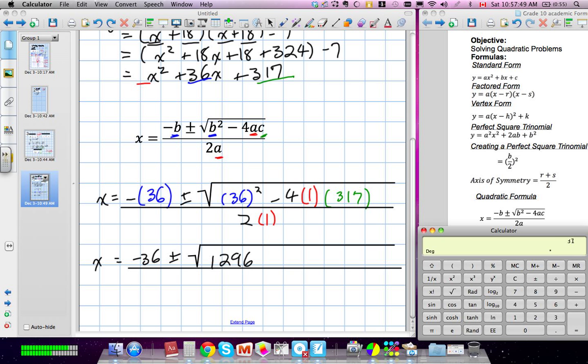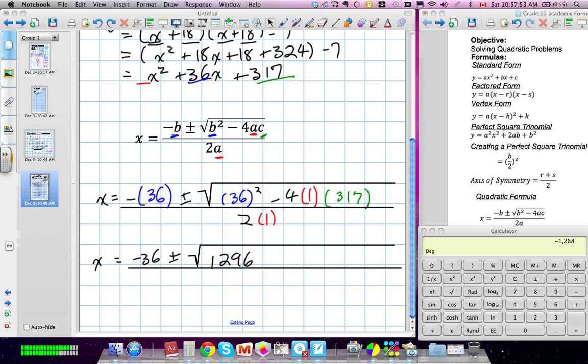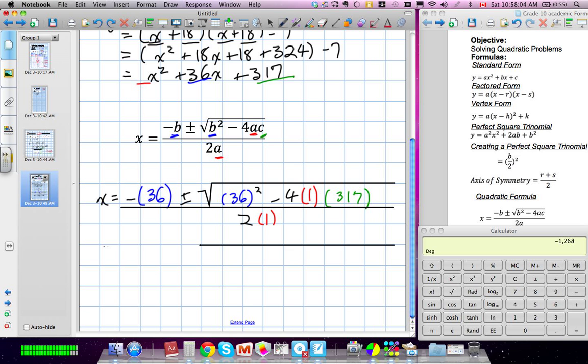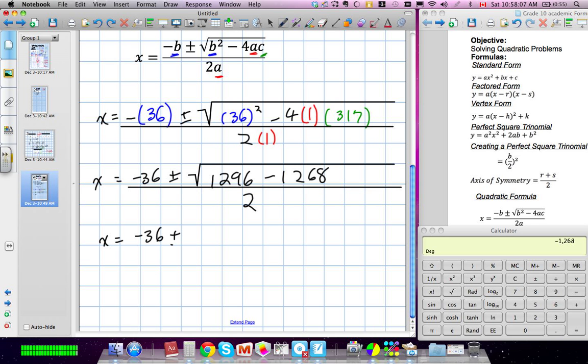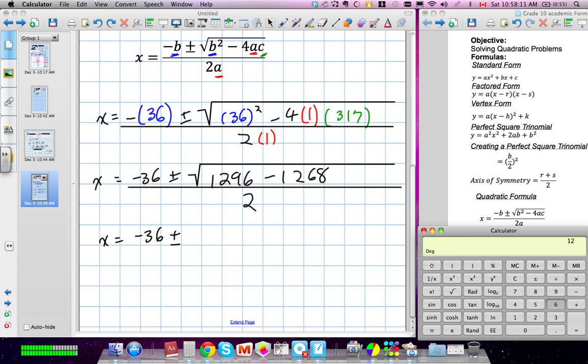X is equal to plus or minus. Now here we got to find the square root of this number. So 1,296 subtract 1,268. So we just subtract the two numbers in the root. 28. So we're looking for the plus or minus the square root of the number 28.